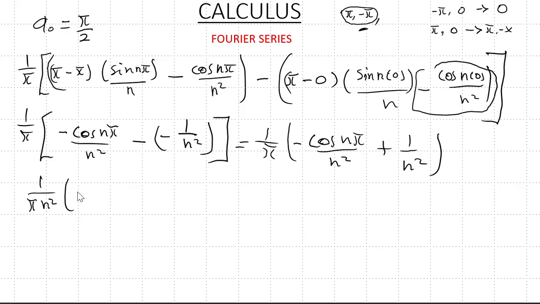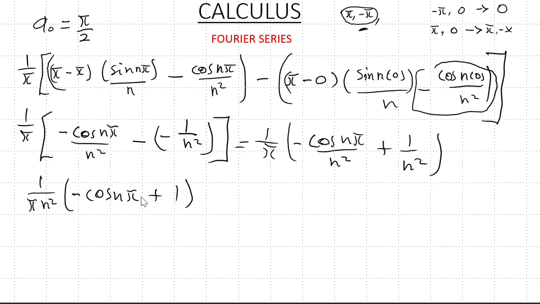If we factor the 1 over n squared out from this, then there is not going to be any n squared here again. It's going to be left with cos n pi, then plus 1. Alright, now this is what we are going to get, plus 1, and that's it.